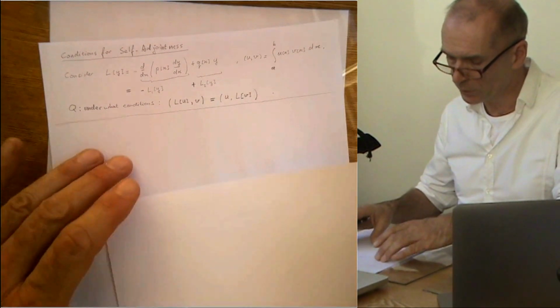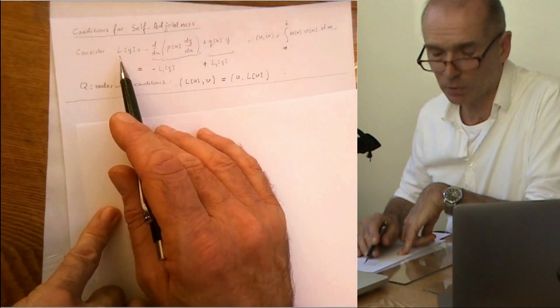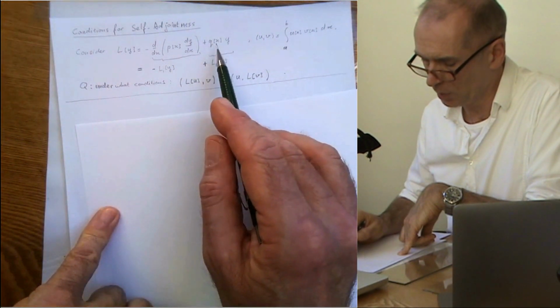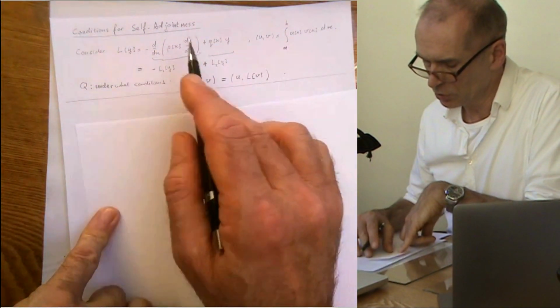Now, first of all, it is convenient to split that linear differential operator in two parts. The easy part is this second part, where I just multiply by a function q, and then more complicated is this one.